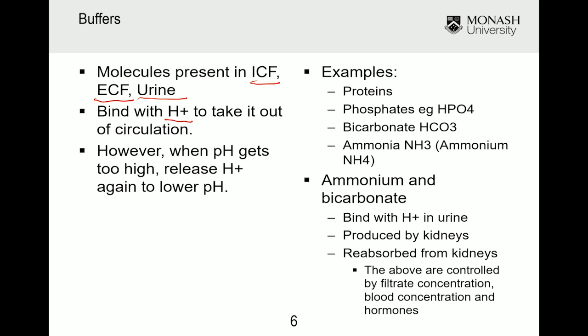However, the important part of buffers is that when the pH gets too high, so it becomes too alkaline, they release hydrogens again to lower the pH. So the hydrogens are captured in the buffer, but can be released when needed.